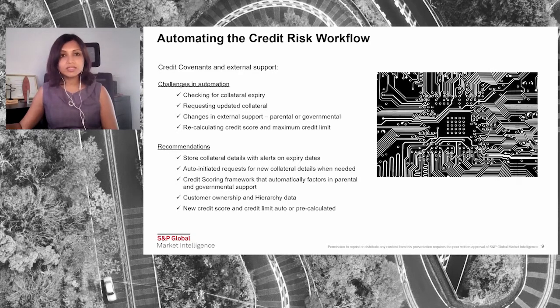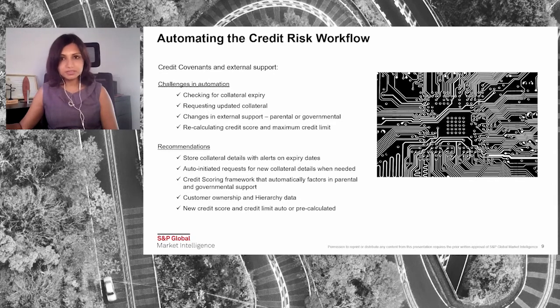The credit scoring framework that you use should automatically factor in parental and government support. This is something that we do at S&P Global Market Intelligence with our credit analytics product. Customer ownership and hierarchy details continue to be important here as an indication of changes in the company hierarchy. And as previously mentioned, this content can be accessed across numerous delivery channels.